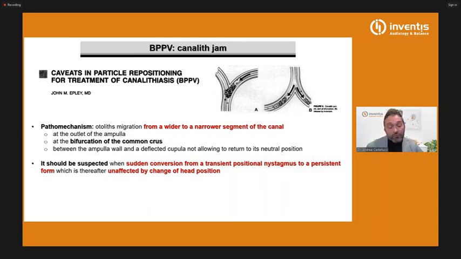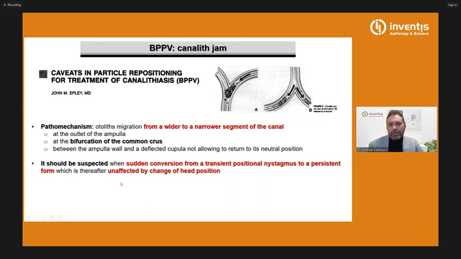This is one of his wonderful manuscripts, and he thought that canal jam could occur because there was an otolith migration from a wider to a narrower segment of the canal, and he identified three portions of the canal that could be responsible for a canal jam: at the outlet of the ampulla, where there is the passage from the canal to the ampulla, or at the bifurcation of the common crus, or between the ampulla wall and the deflected cupola, not allowing it to return into its neutral position.